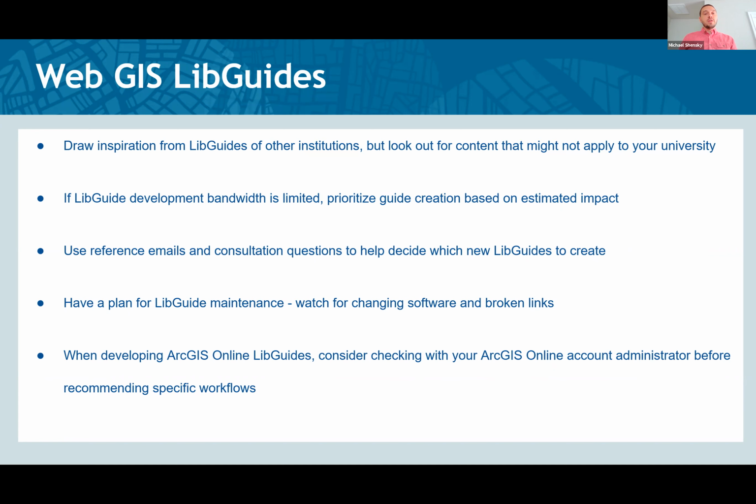One of the strategies that we've utilized here at UT that's been pretty effective is looking at what other universities are doing and drawing inspiration from their GIS libguides. But one thing it's important to be cognizant of when you're doing that is considering for which campuses the libguides are being developed, in what way they are geared specifically to the unique situation at that campus, and how that situation might be different where you're working.